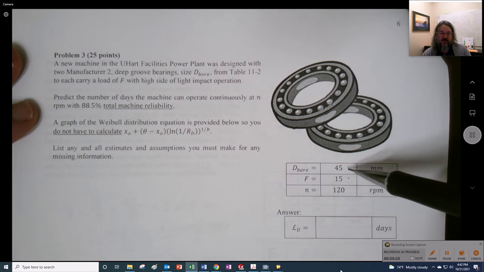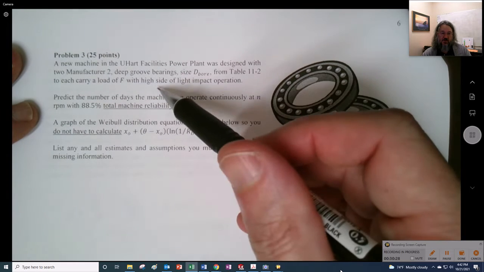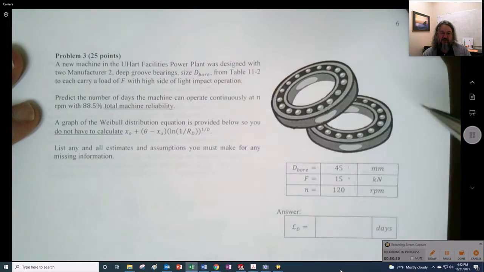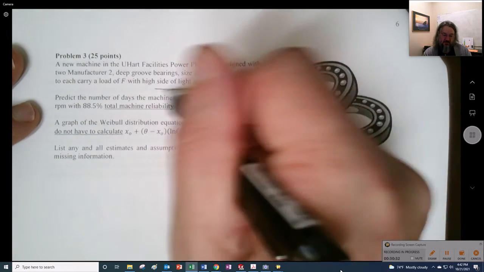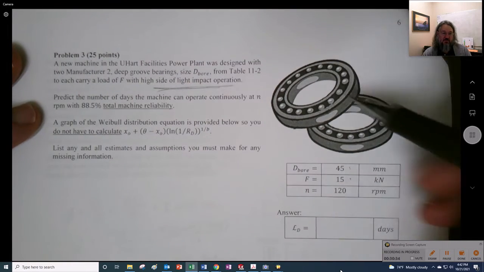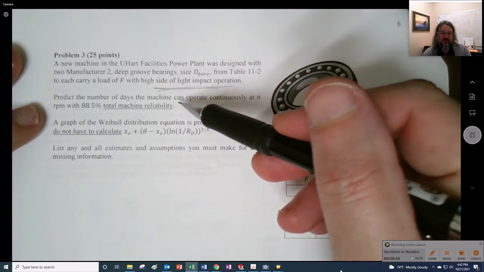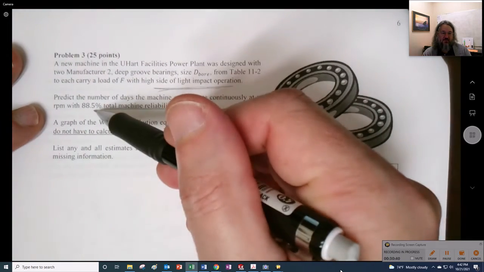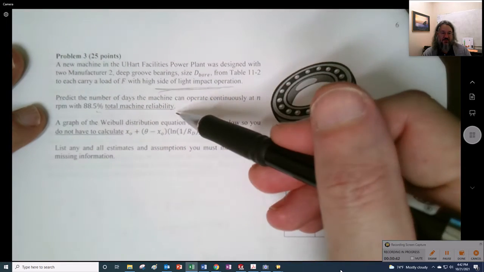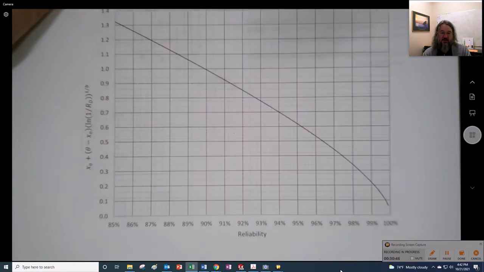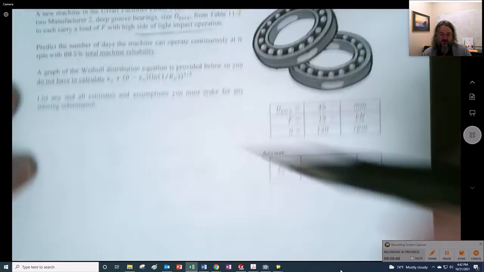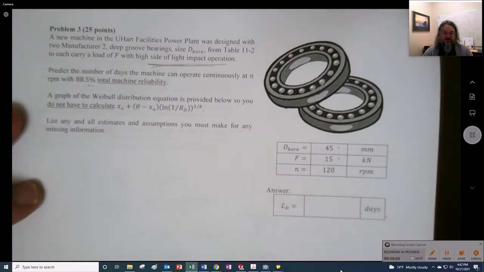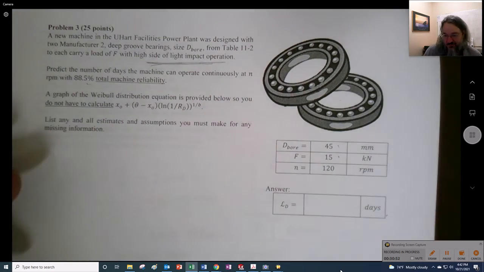With the light side, on the high side of light impact, right? So that's a clue what to look for. And we want to predict the number of days the machine can operate continuously with 88.5% total machine reliability. And notably, I gave you a graph like this so you didn't have to work through that equation. It would slow you down a little bit. I figured I'd make it a little faster.